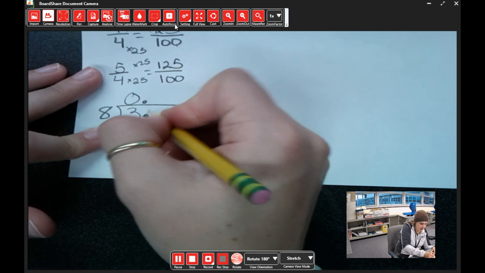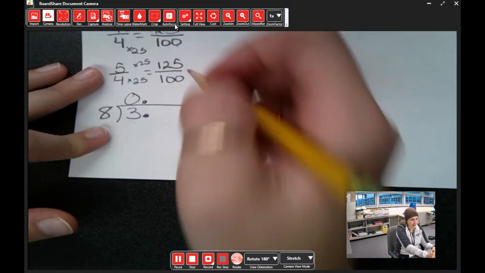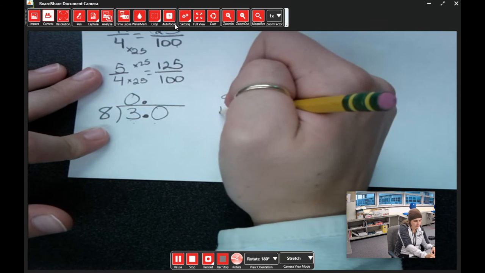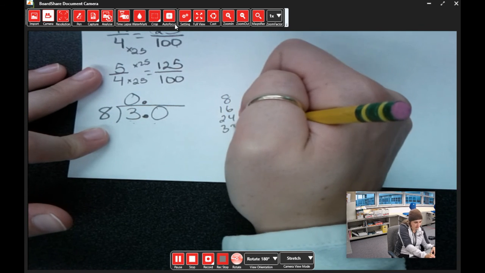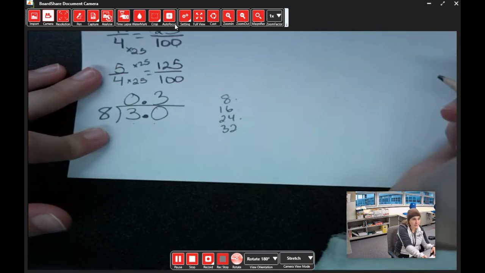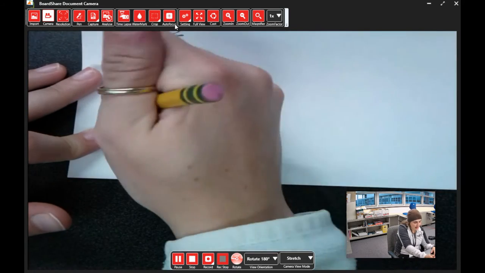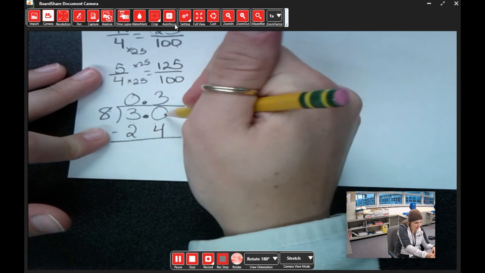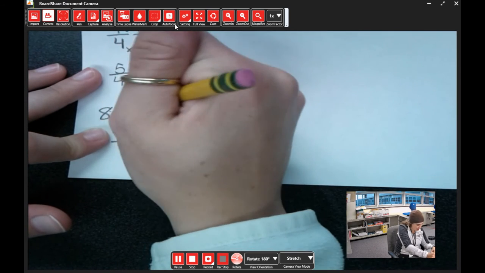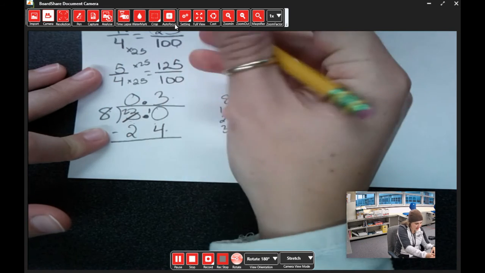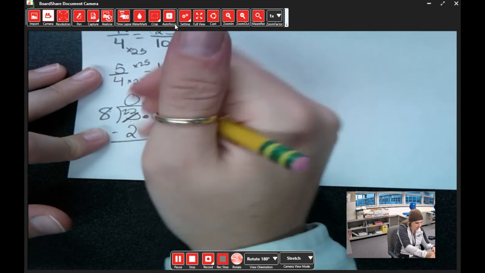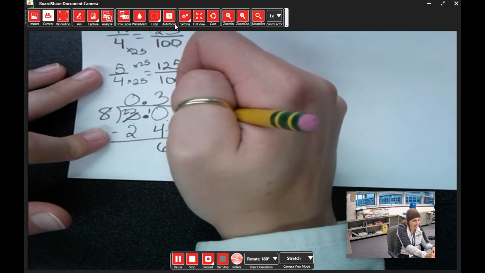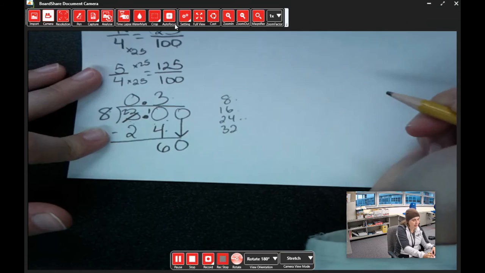So I need a decimal place to hold my place value, and then I can annex a 0. 8 goes into 30 3 times. 3 times 8 is 24. Subtract. 0 minus 4, I can't do that, so 3 becomes a 2. It's a 10. 10 minus 4 is 6. 2 minus 2 is nothing. Got something left over. I have to annex another 0 and bring it down.